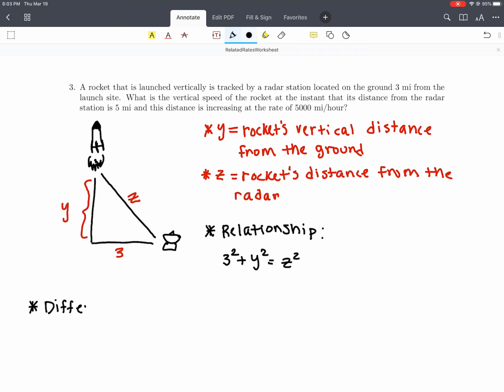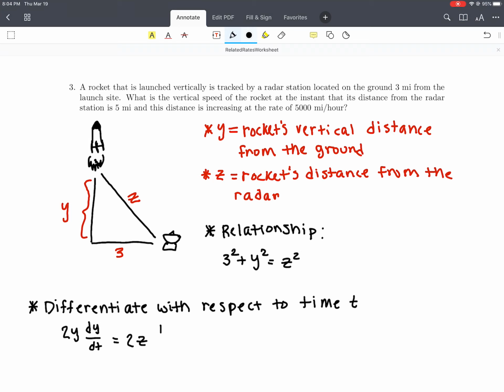So differentiate with respect to time. And that gives us, derivative of 3 squared is 0, derivative of y squared is 2y dy/dt, derivative of z squared, 2z dz/dt. Easy enough derivative.